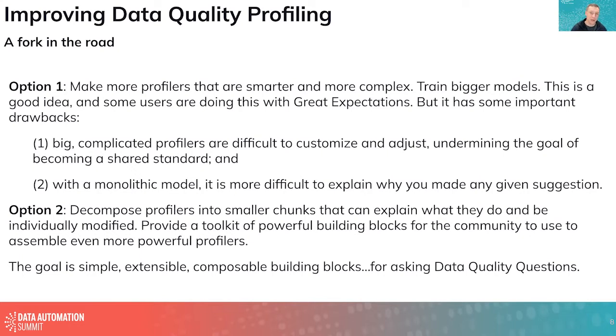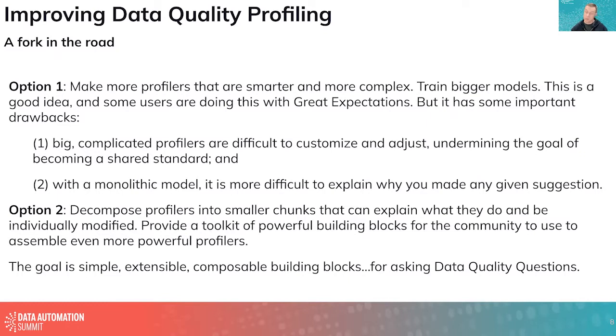And for us, where we're trying to become a shared standard for how people describe data by letting them contribute their own expectations and add packages of domain-specific knowledge and testing, it really undermines that goal. Secondly, when you do have suggestions out of that kind of approach, it's much more difficult to explain why any particular suggestion was generated.